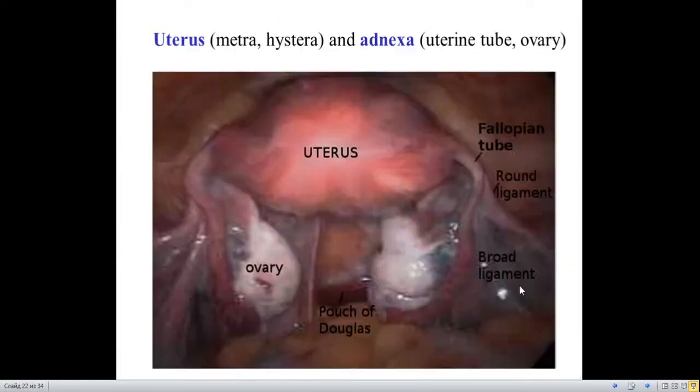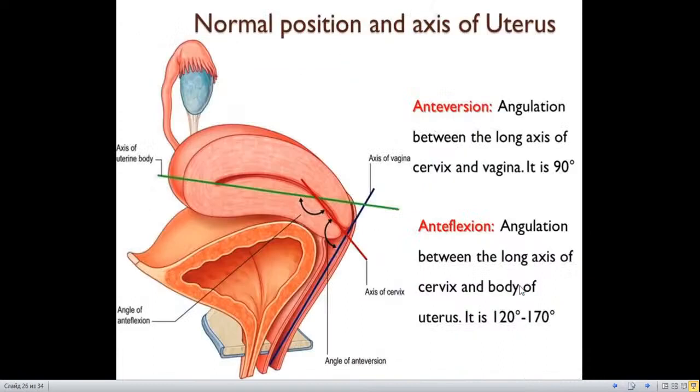And as you can see, the position of the uterus in the pelvis is not straight. We describe its position as anteversion and anteflexion. How to understand anteversion, anteflexion?